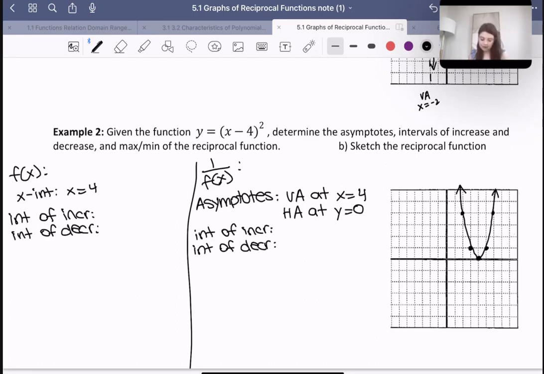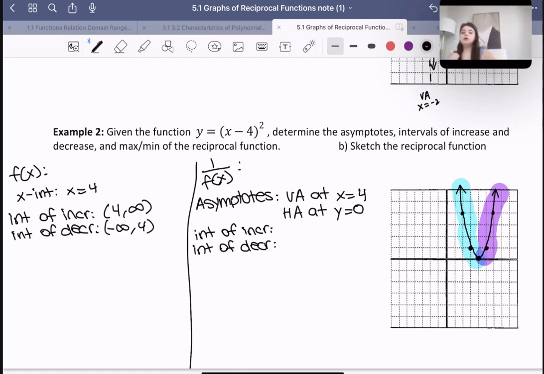Okay. So our intervals of increase on our original, well, this function increases from 4 all the way up to infinity, right? So from 4 to infinity, we have an interval of increase. Now, what about intervals of decrease on our original? Well, from negative infinity all the way up to 4, we have an interval of decrease where it goes downwards.